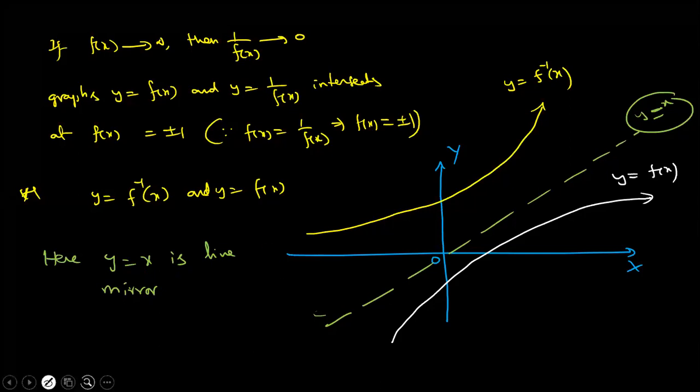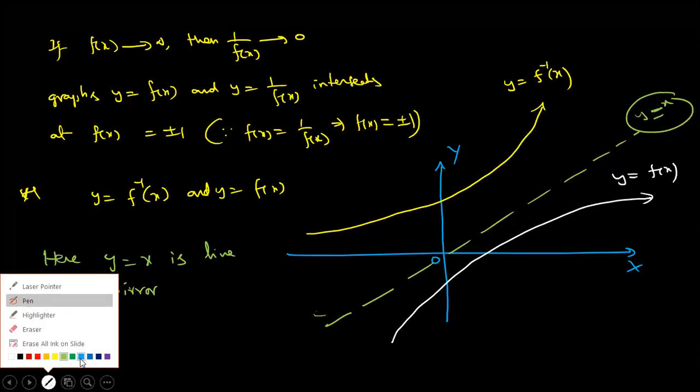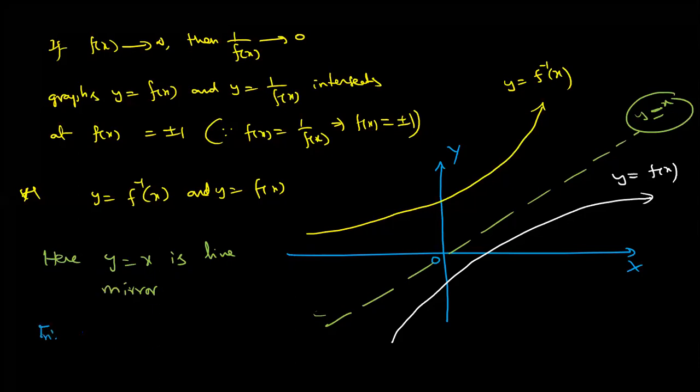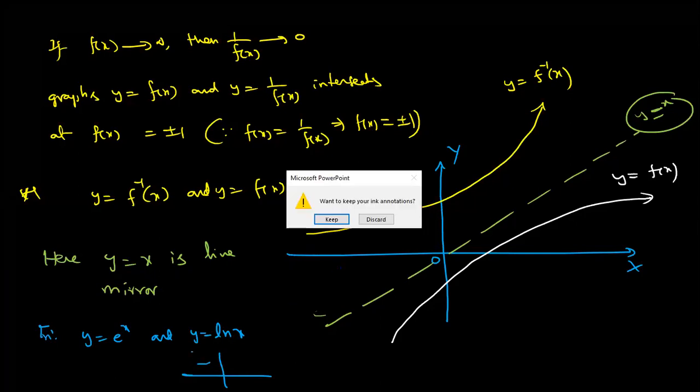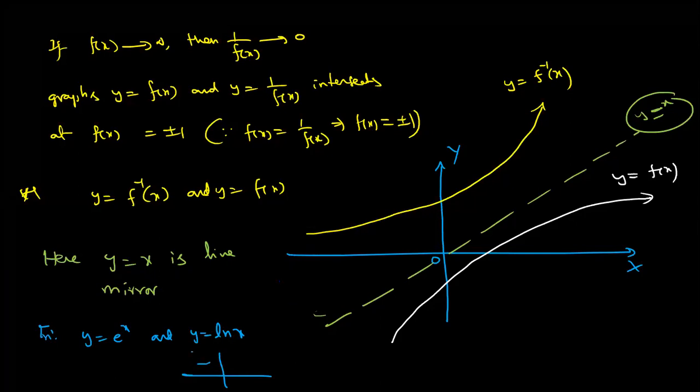So a simple example I'm giving every time. Example: y is equal to e power x, y is equal to ln x. Both are inverse to each other. Told you last time. So what is the best example? What is the graph of y is equal to ln x, e power x? A minute, I'm drawing the picture.